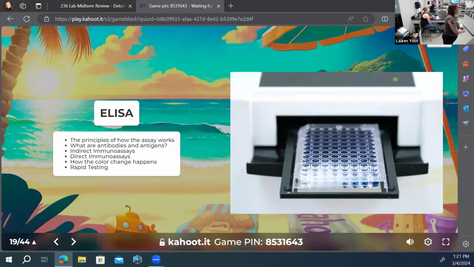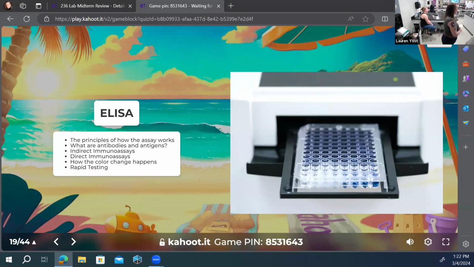The principles of how the assay works: be aware of what the antibodies are interacting with. Antibodies interact with antigens, a very specific interaction. Be aware of what antibodies and antigens are. Antibodies are always proteins, and antigens are anything that your body can see as foreign.